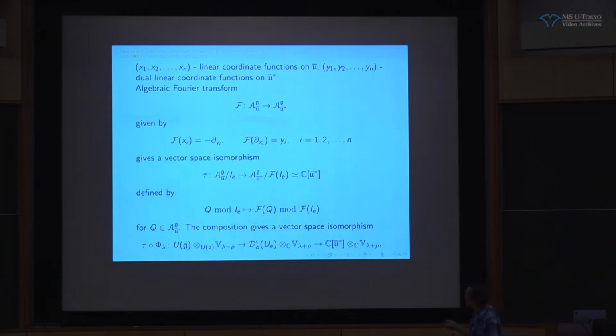Okay, now another piece of notation is the collection of linear coordinate functions x1 up to xn on U bar with respect to the root spaces of U bar, and y1 up to yn is the collection of dual linear coordinates on the dual vector space U bar star, which is identified, using the Cartan of G, with U itself.